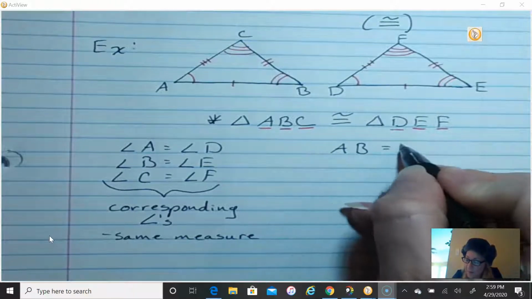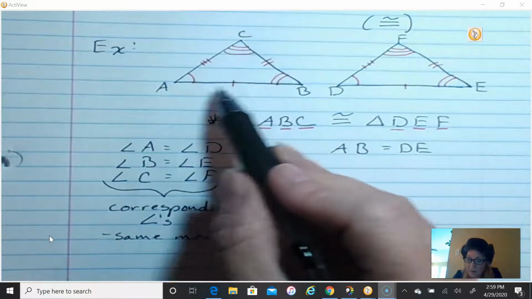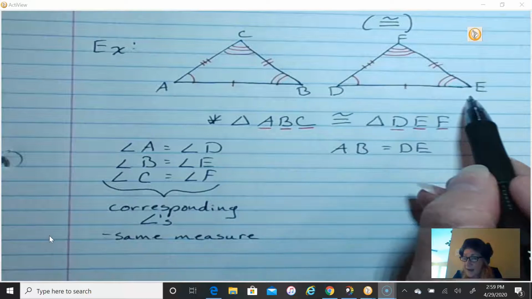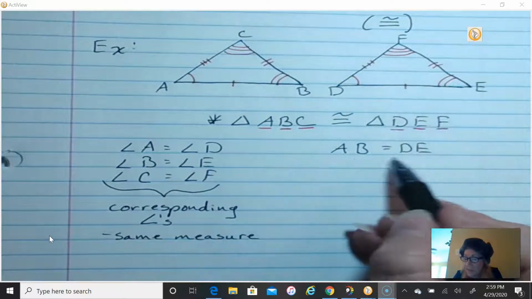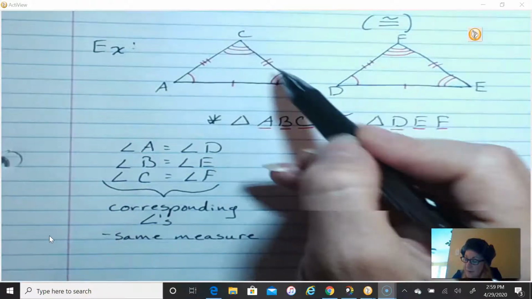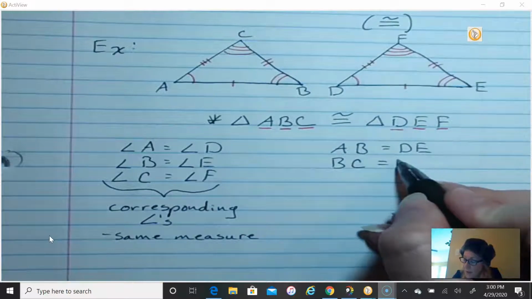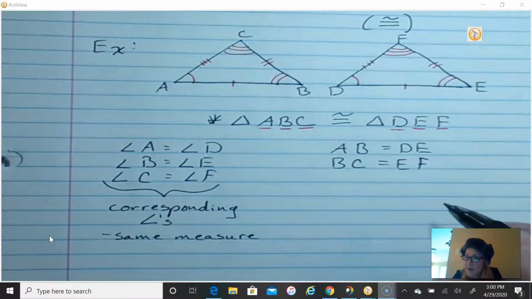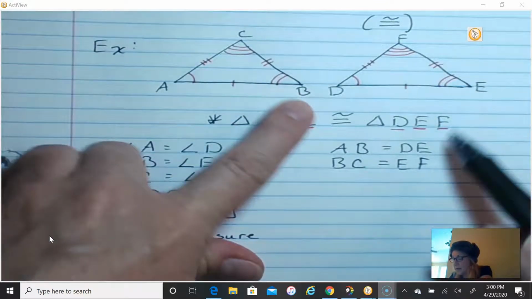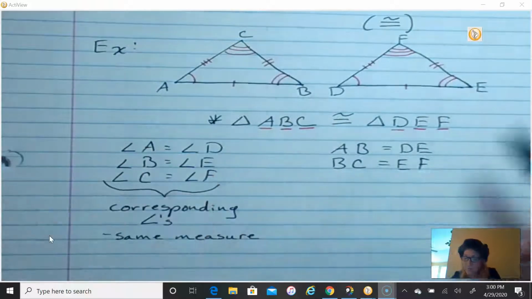AB is equal to DE. AB, that means side AB and side DE are equal. Side BC is equal to side EF. And again, list those letters together that are equal. B and E, and then the second would be C and F. See?